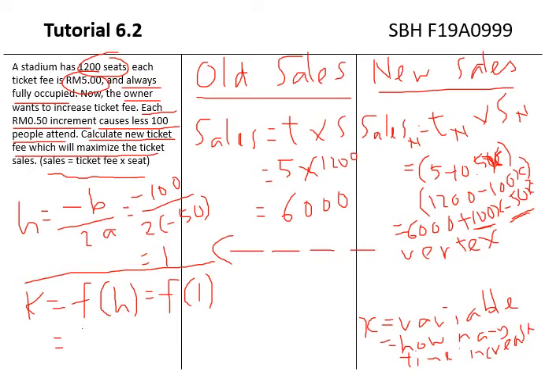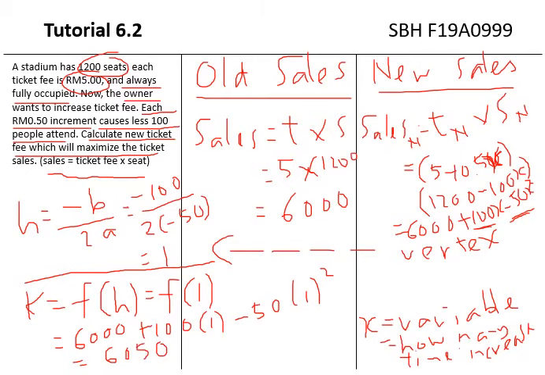The function equals to 6,000 plus 100 times 1 minus 50 times 1 squared. What we're going to get? 6,000 plus 100, we're going to get 6050. This is the K.